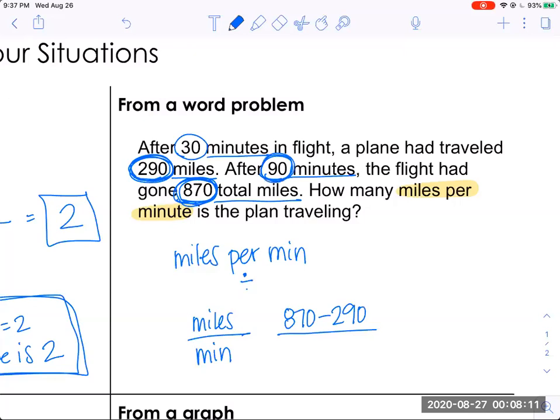We have gone 90 minutes, but before we had already gone 30 minutes. So I'm taking those away. This is kind of like now minus then. Now we've gone 870 miles in 90 minutes, and before we had gone 290 miles in 30 minutes.